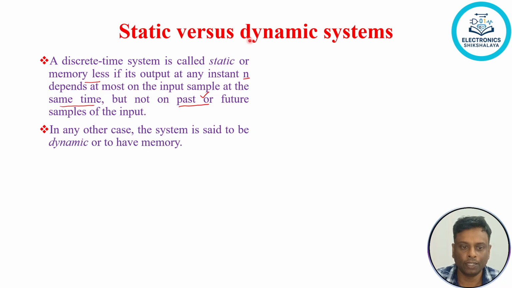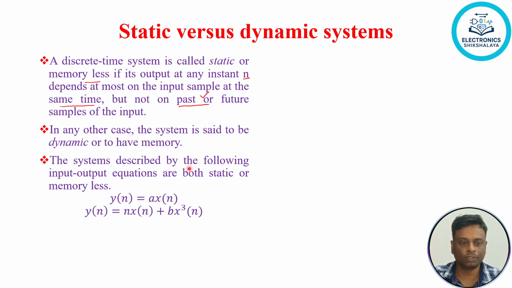In any other case, the system is said to be dynamic or to have memory. If the system depends upon the past or future samples of the input, then it is called dynamic, or to have some memory.